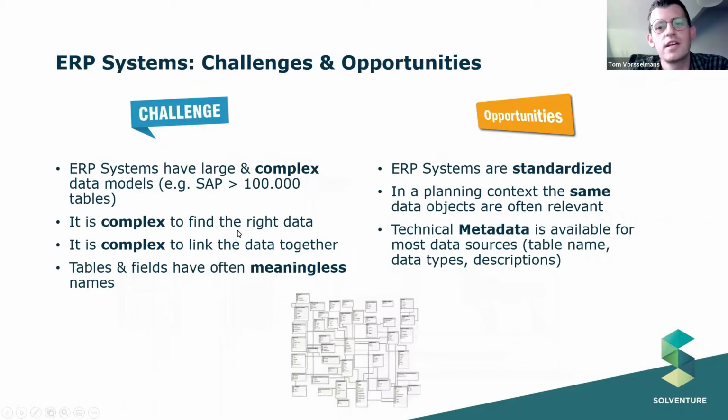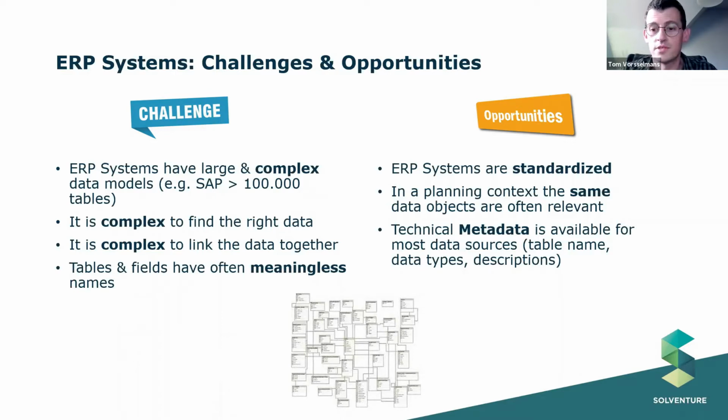Another thing that got us thinking was ERP systems. Many customers that implement planning systems have a centralized ERP system, one or multiple, depending on the size and the context.